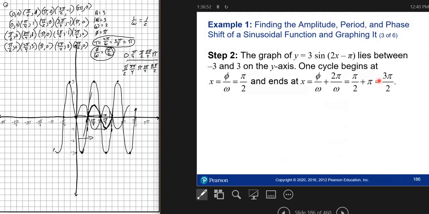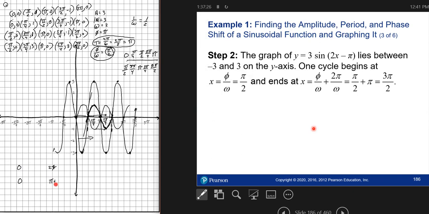And they go through and they look at what's happening. They look at the interval. They look at the 5 key points in terms of the period. And so the period was from 0 to 2 pi. But now it's from 0 to pi.